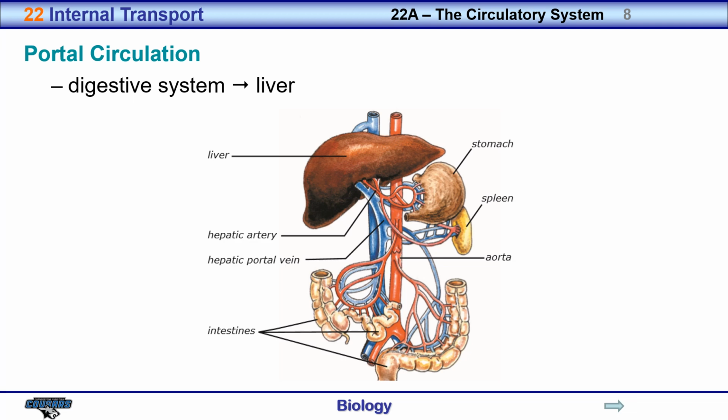The blood from the digestive system is going to flow through the liver and then into that inferior vena cava. And the blood from the digestive organs is going to be rich in food molecules. It's going to be carried to the liver by the hepatic vein. You can see this hepatic vein listed right here.